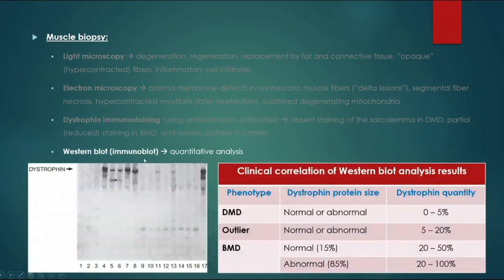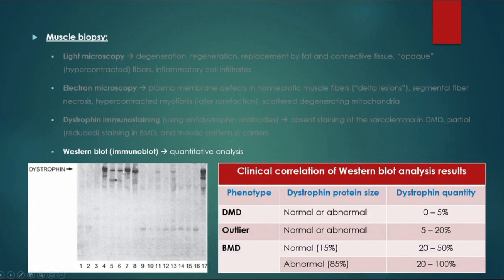And then Western blot, immunoblot staining is done to do the quantitative analysis. Like in these first 3 patients, there is complete absence of the dystrophin, suggesting Duchenne. And then these number 4 to number 8 patients have reduced. The 17 is the normal, sorry.